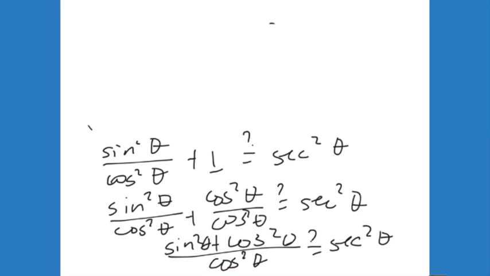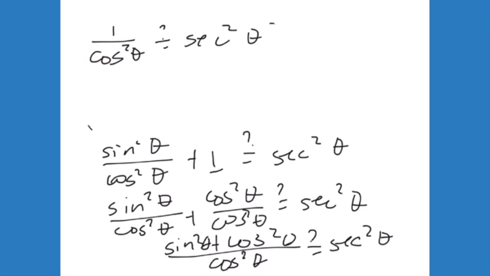And then sine squared theta plus cosine squared theta is equal to 1. Therefore, we have 1 over cosine squared theta equals secant squared theta. And secant theta is equal to 1 over cosine theta.